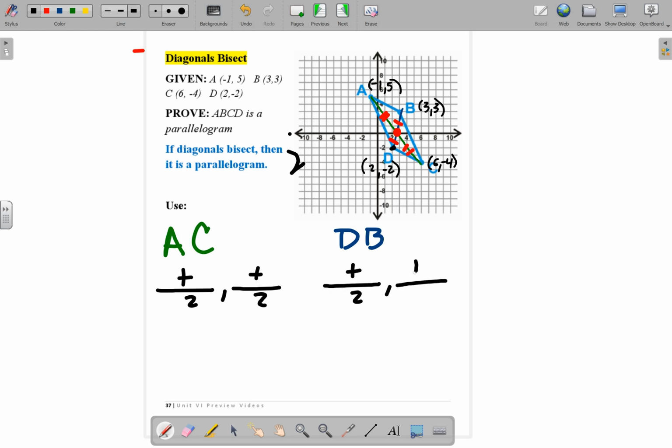There's your templates. Let's do AC, our x's, circle them, circle the x's, box your y's. Let's do the other one while we're at it, circle the x's, box your y's.